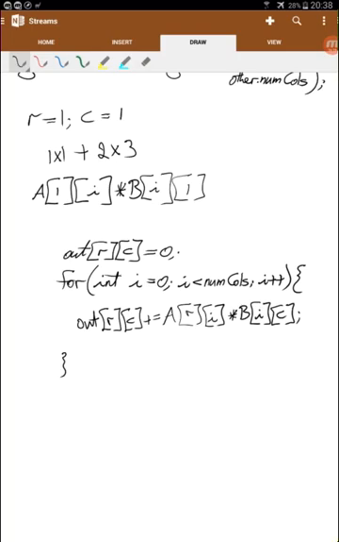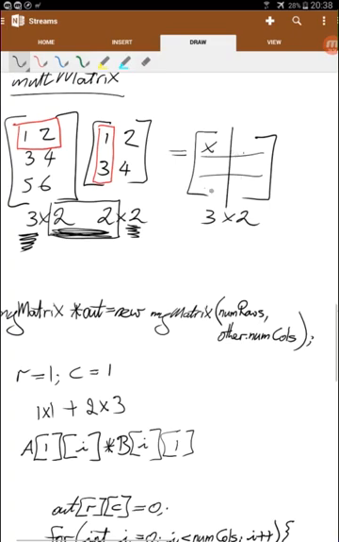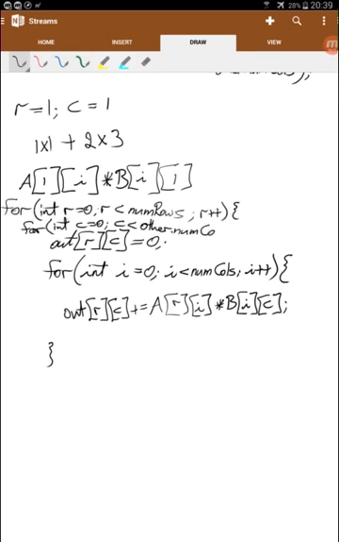And then from here, it's simply important that we do this for every possible row and column in our output matrix. And that will finally fill up our output matrix with all the relevant numbers.